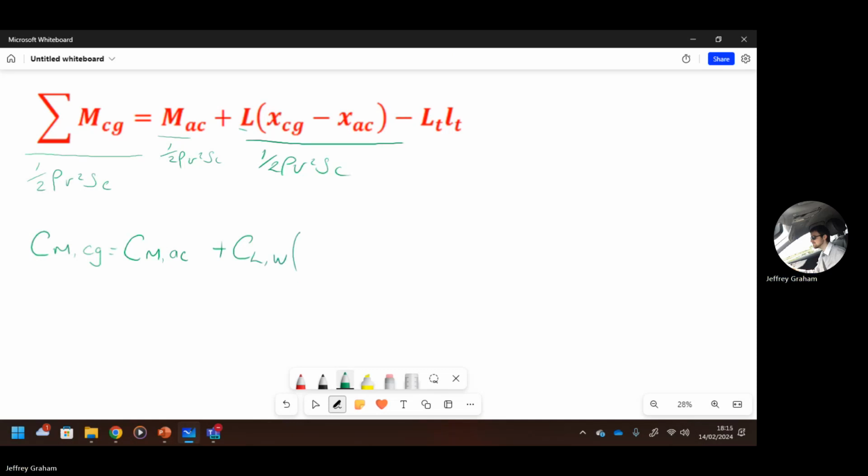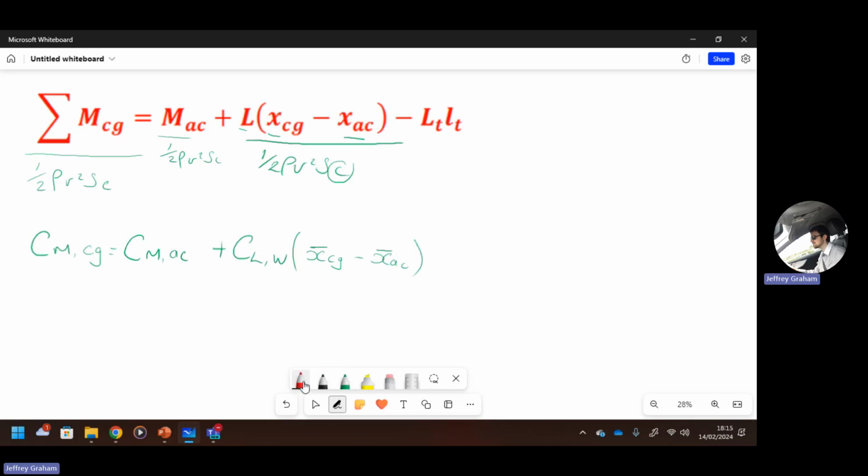This C value, this chord length, is dividing the distances. And sometimes written like that, with a little bar above it.